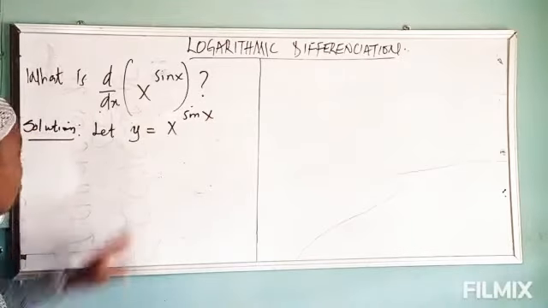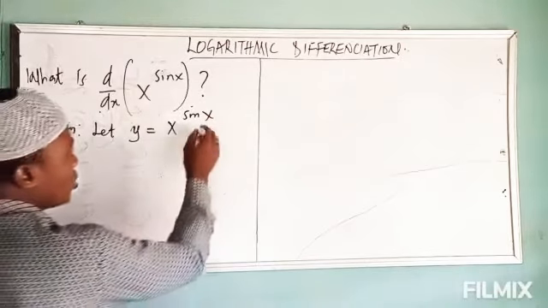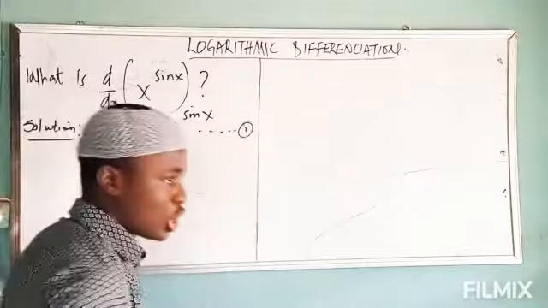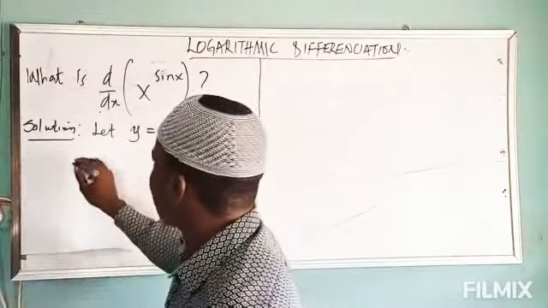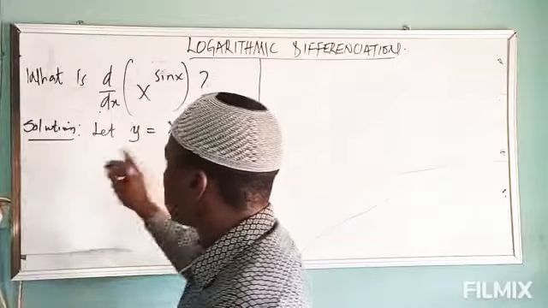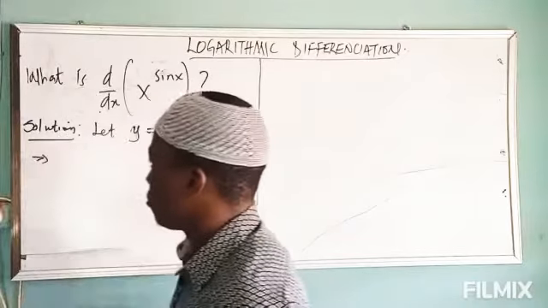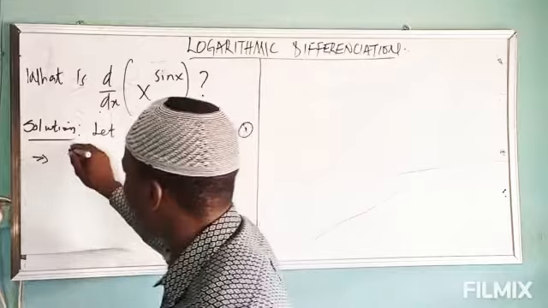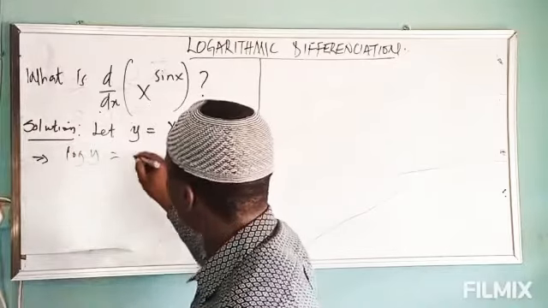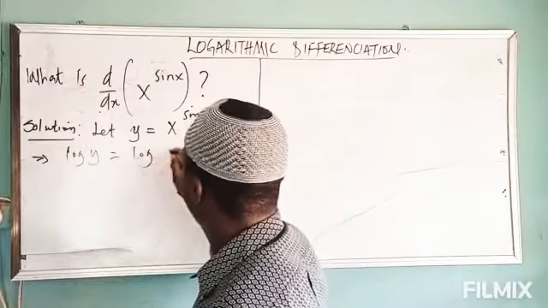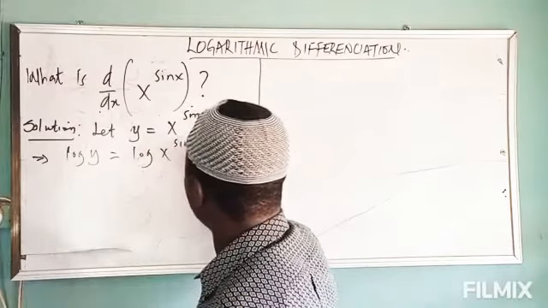Let's name it equation 1. So from here, introducing log of base 10 to both sides, you have log of y equals log of x to the power sine x.